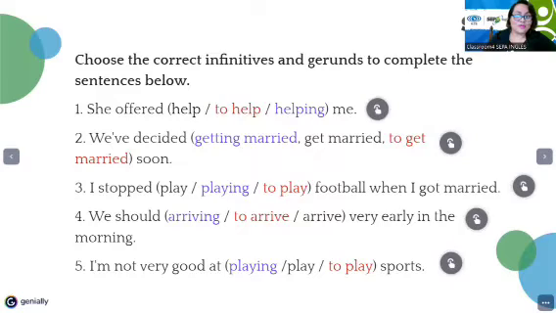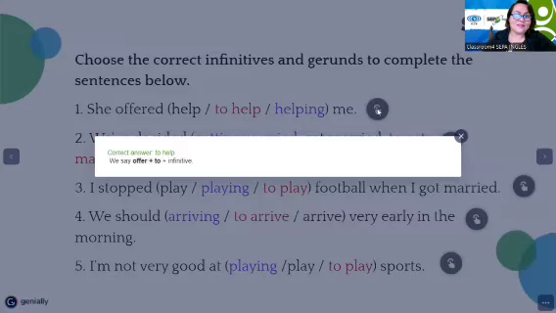Do you have your answer already? Not yet? Okay, I'm going to check the answer. The correct answer is to help. We say offer plus to plus infinitive. So the correct answer is: she offered to help. Infinitive, okay?